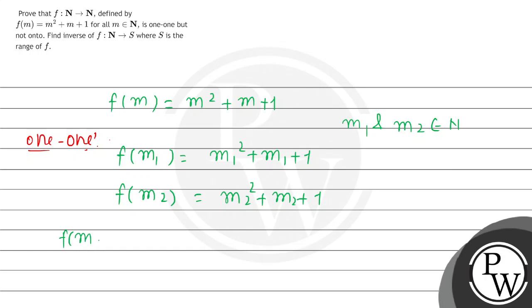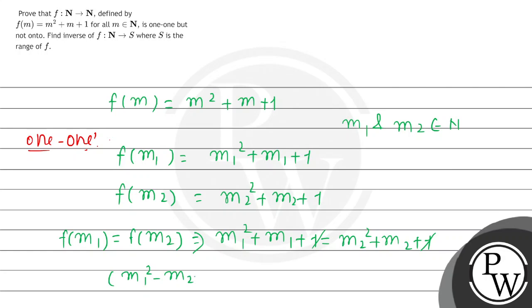So f of m1 is equal to f of m2 करते हैं. तो m1 square plus m1 plus 1 is equal to m2 square plus m2 plus 1. तो यहाँ 1 से 1 कैंसिल हो जाएगा और यहाँ हमारे पास क्या बचेगा? m1 स्क्वायर माइनस m2 स्क्वायर, प्लस m1 माइनस m2 इज इक्वल टू 0.